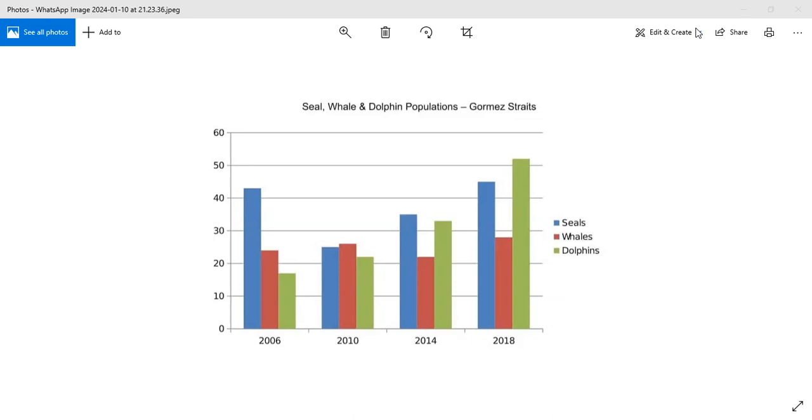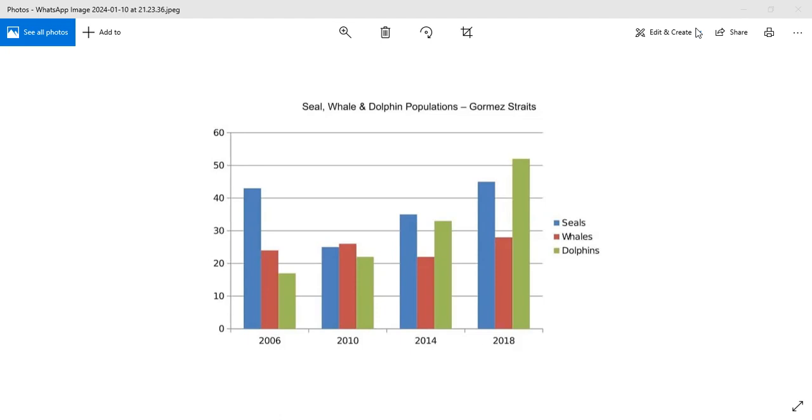Within the next 4 years, in 2014, we can see the seals have increased in population again, up to 35%. The whales have decreased again to around 20%, and the number of dolphins has increased to around 32%, which is more than ever.